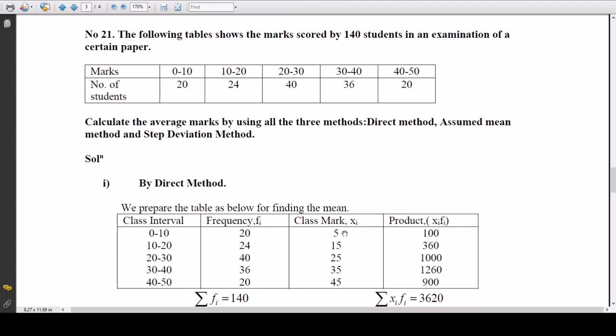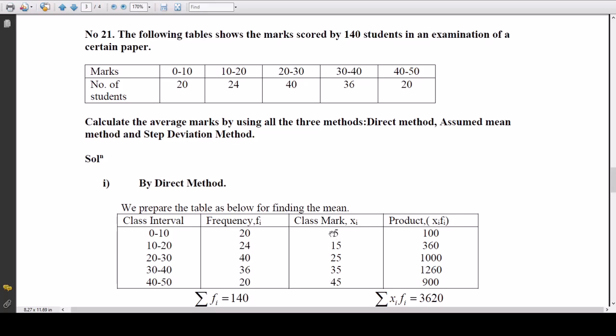From here we need to find out the third column and the fourth column, which is the class mark and the product xifi. The class intervals: 0 to 10 is 20, 10 to 20 is 24, 20 to 30 is 40, 30 to 40 is 36, 40 to 50 is 20.